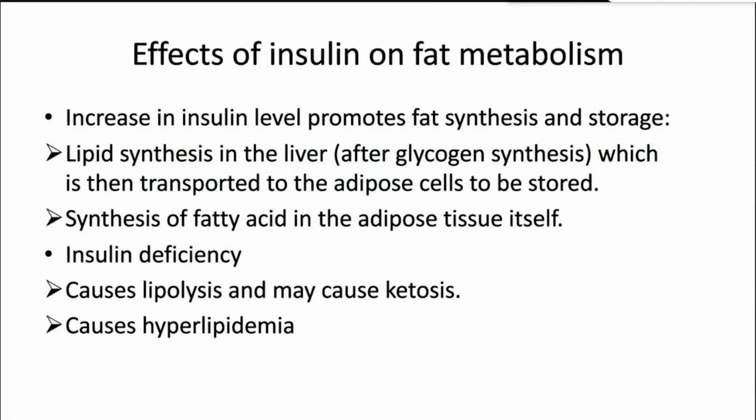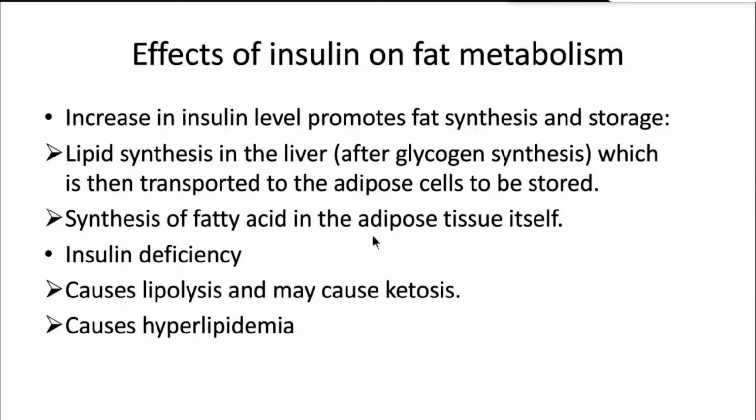In fat metabolism, overall insulin will facilitate fat stores, and different mechanisms are involved. Lipid synthesis in the liver: once the glycogen synthetic mechanism is overloaded, there will be synthesis of lipids also, and that is transported to the adipose tissues to be stored, through the blood in VLDLs, very low density lipoproteins.